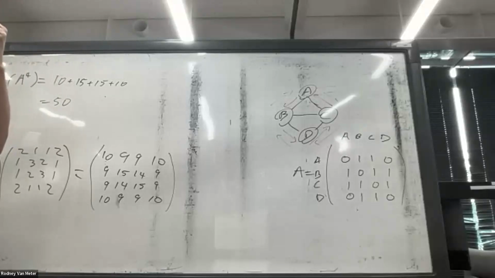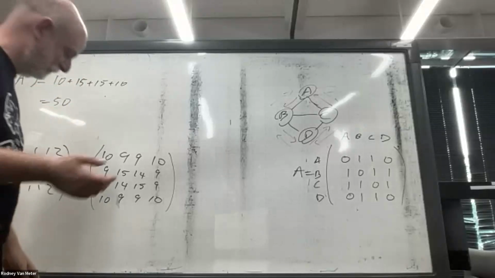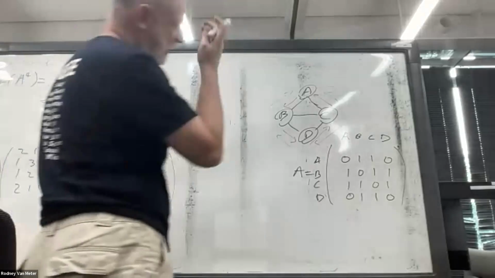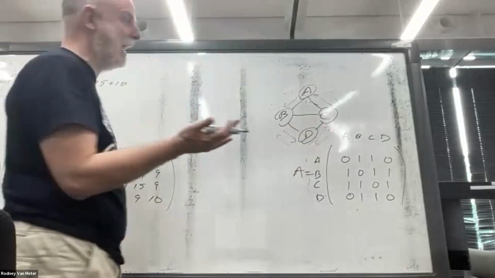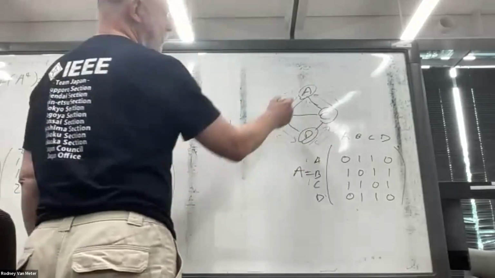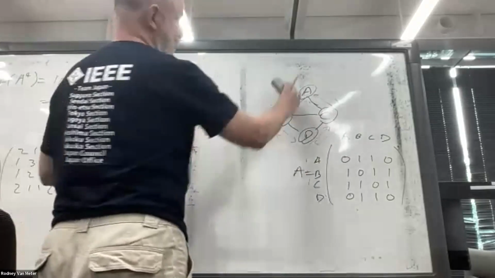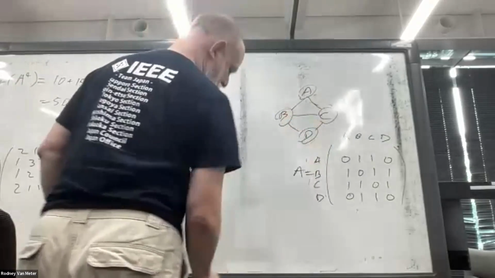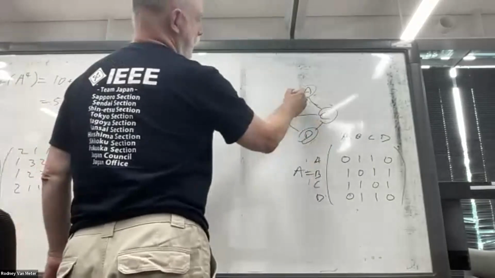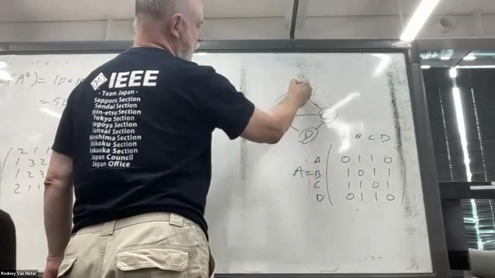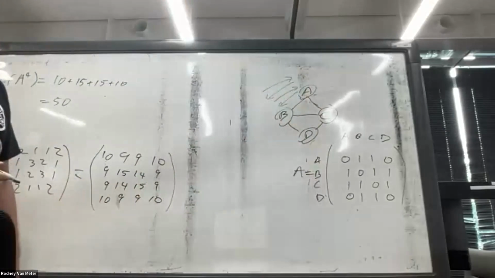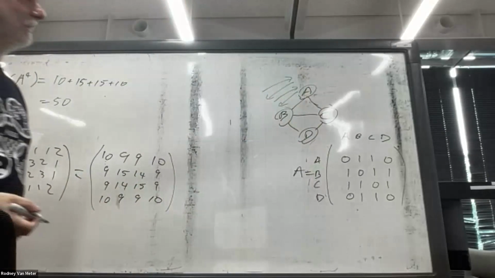Well, the problem is that there are actually multiple ways in which you can start at A and end back at A after 4 time steps, because you could actually go A, B, B, A, B, B, A, and end up back there, couldn't you? That's one way to do it.